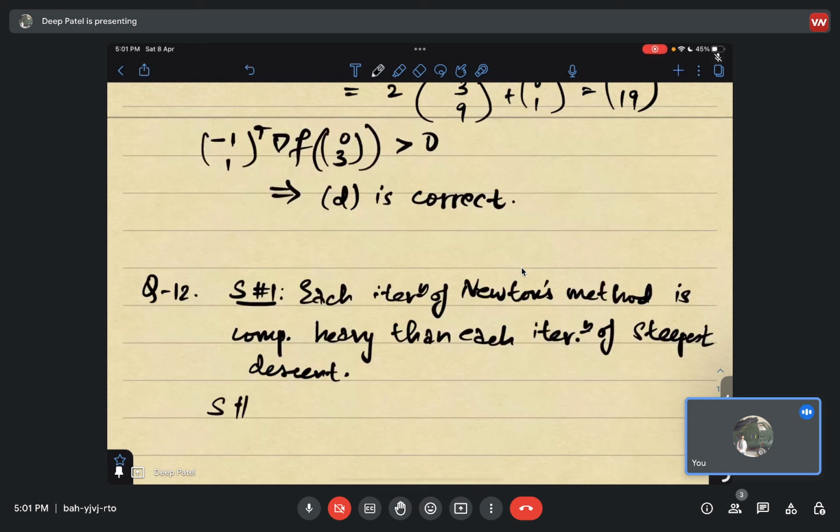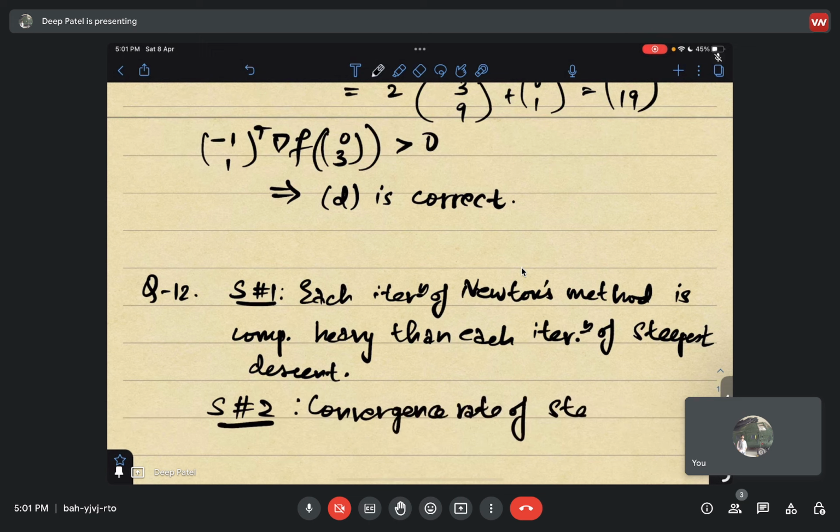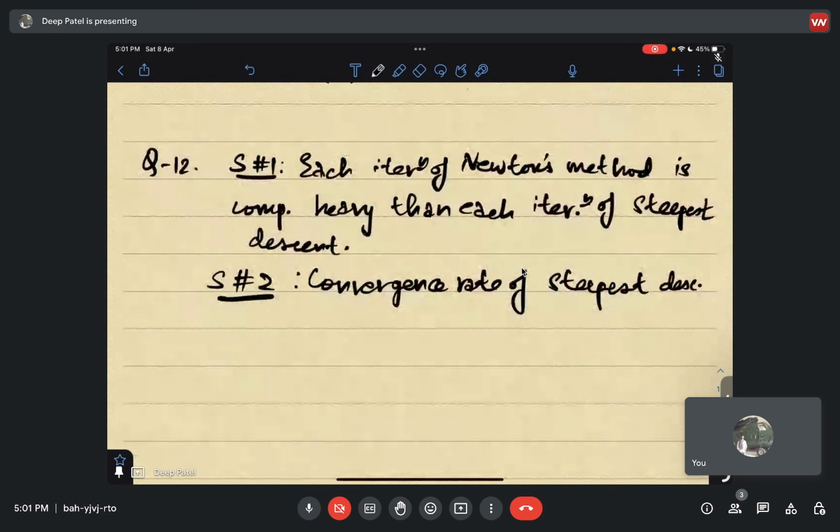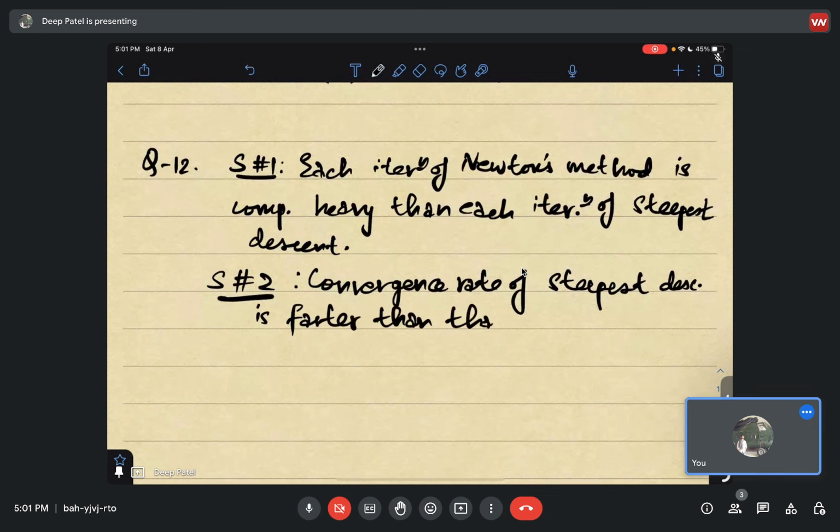And statement number 2 says that convergence rate of steepest descent is faster than that of Newton's method.